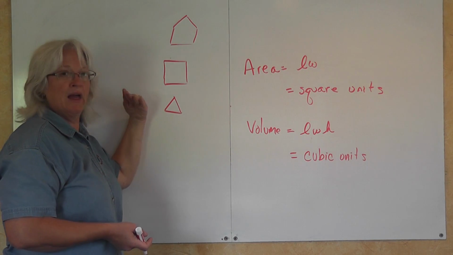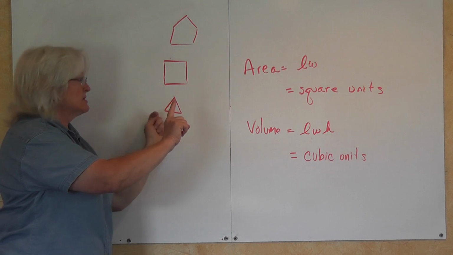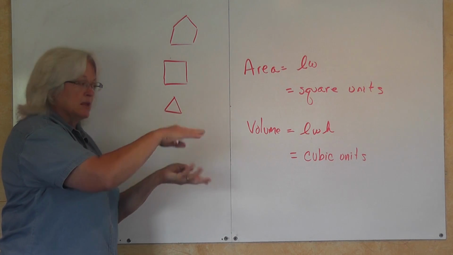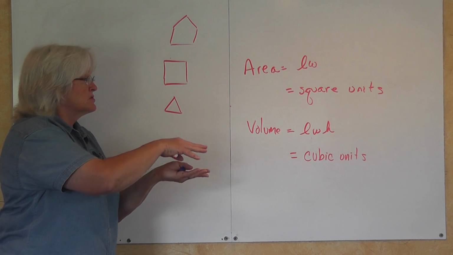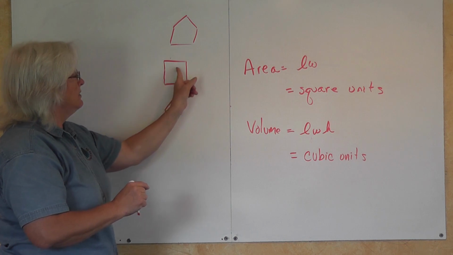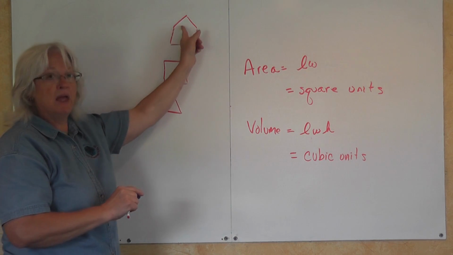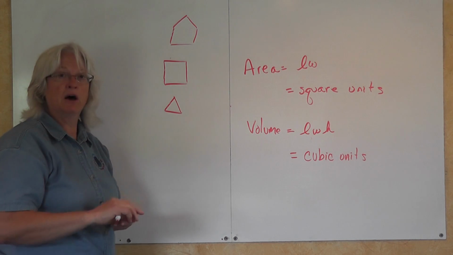Volume, you add a third dimension to it. You pull a point out here in space, and that's the height, the tallness of your object. So what volume essentially is, you're finding the area of the base, and you're multiplying that by the height.